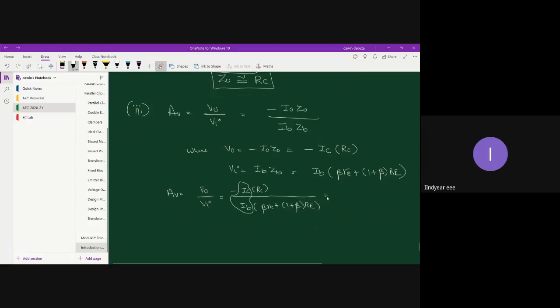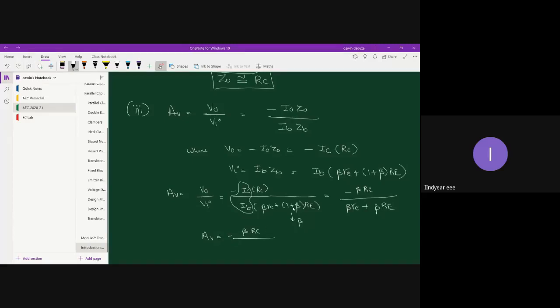So this is negative beta into RC divided by, in the denominator, let me write down beta re as it is. The 1 plus beta I take as beta, by approximation. By doing so, I can simplify my voltage gain expression.